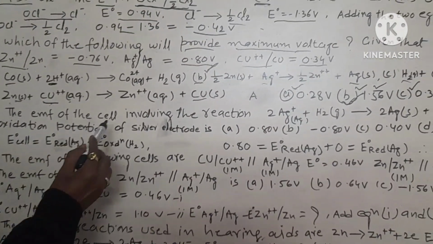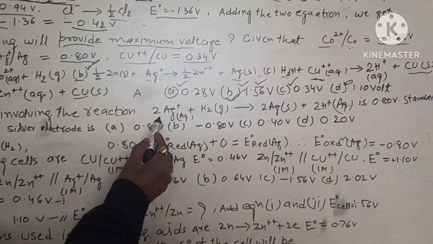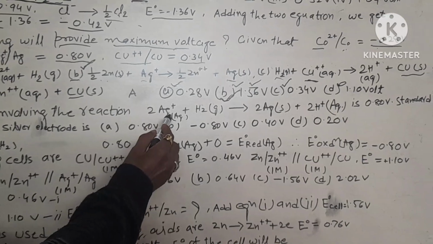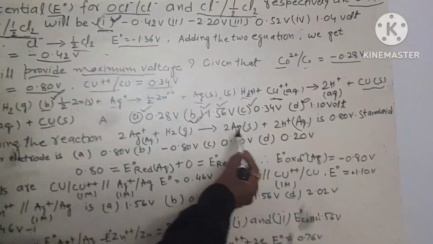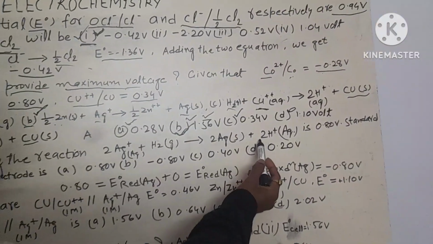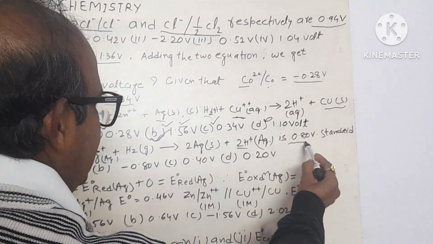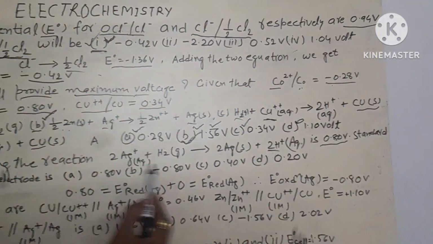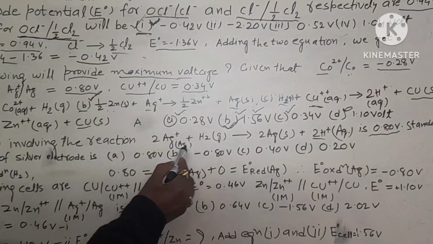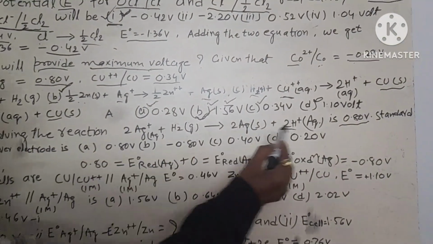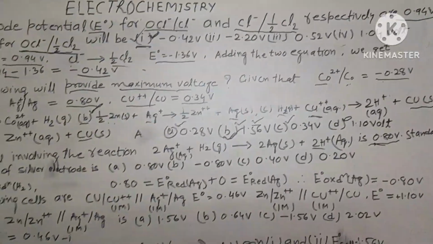The EMF of the cell involving the reaction 2Ag+ aqueous plus H2 gas, giving 2Ag solid plus 2H+ aqueous, is 0.80 volt. The EMF of this cell reaction is given, its EMF is 0.80 volt.